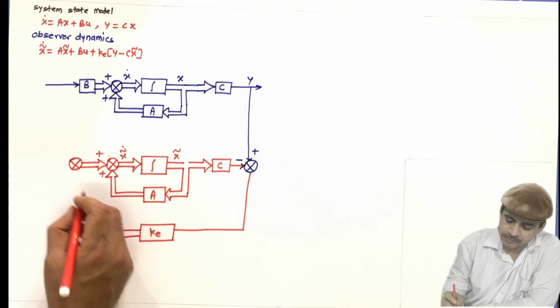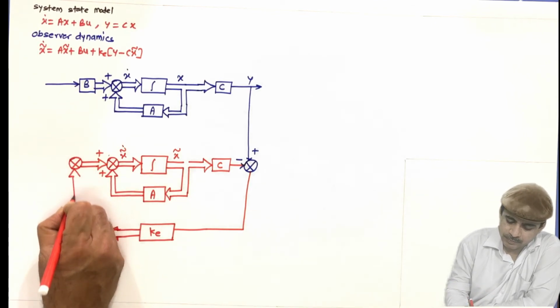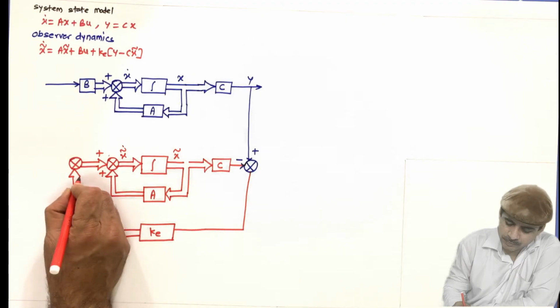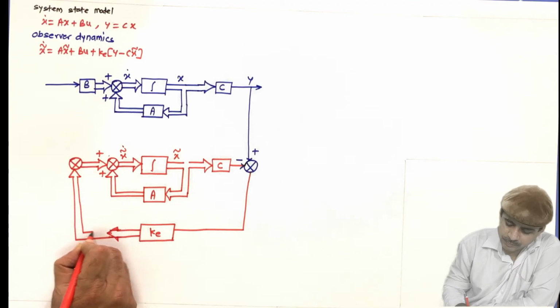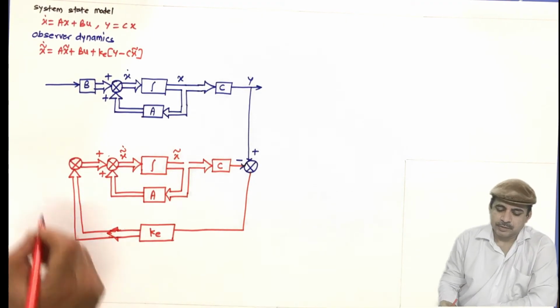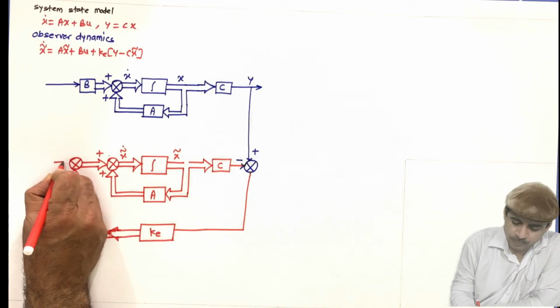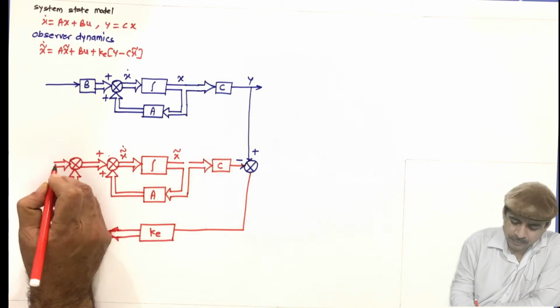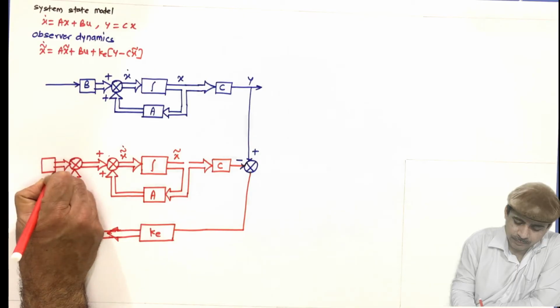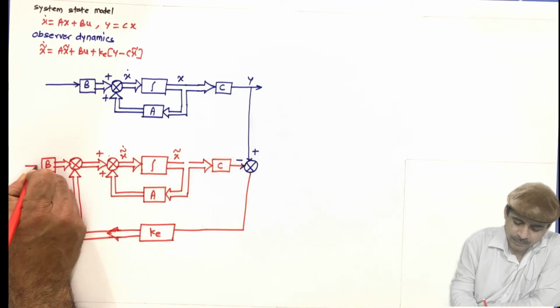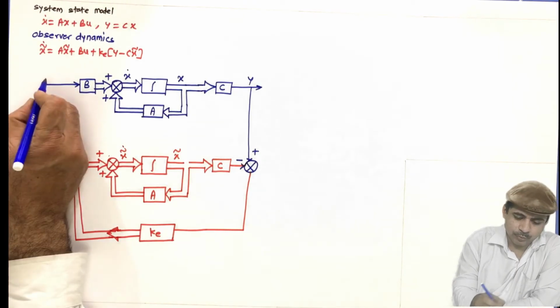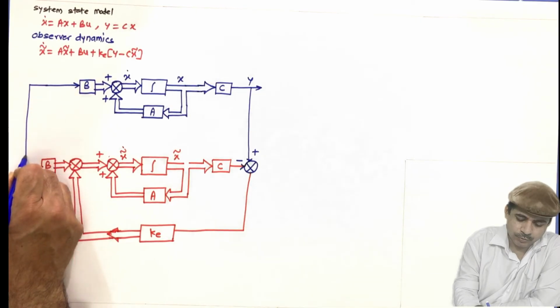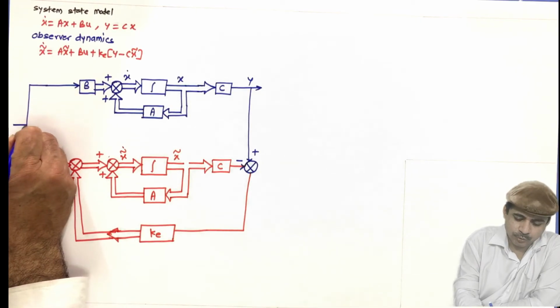Plus plus and bu, and both are having same u, same input is applied to both the models.